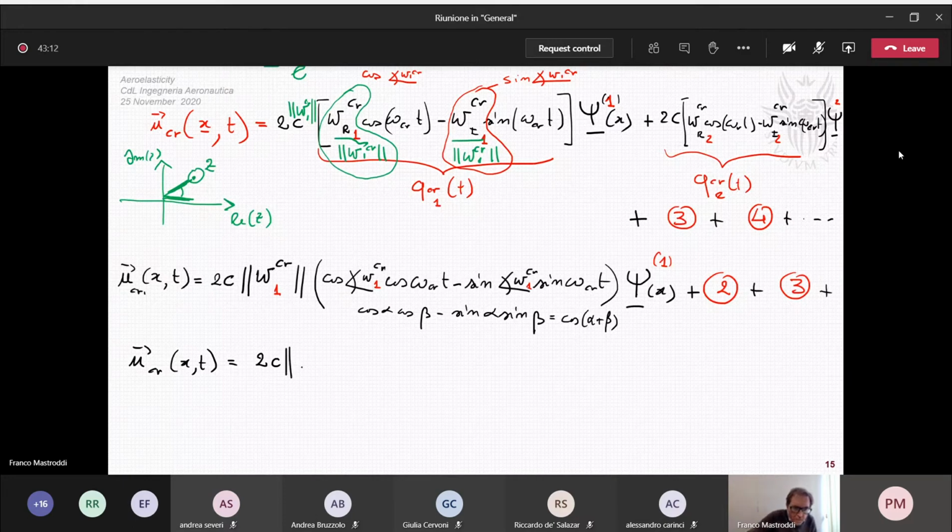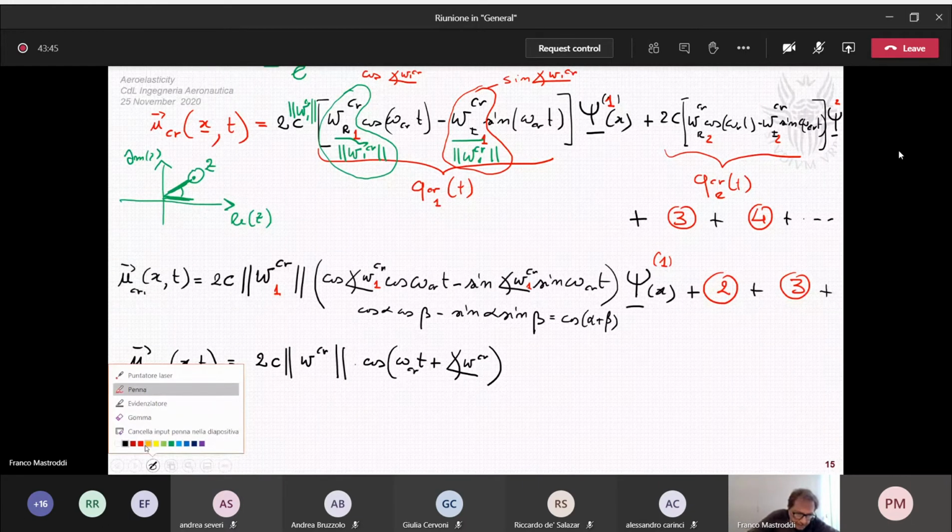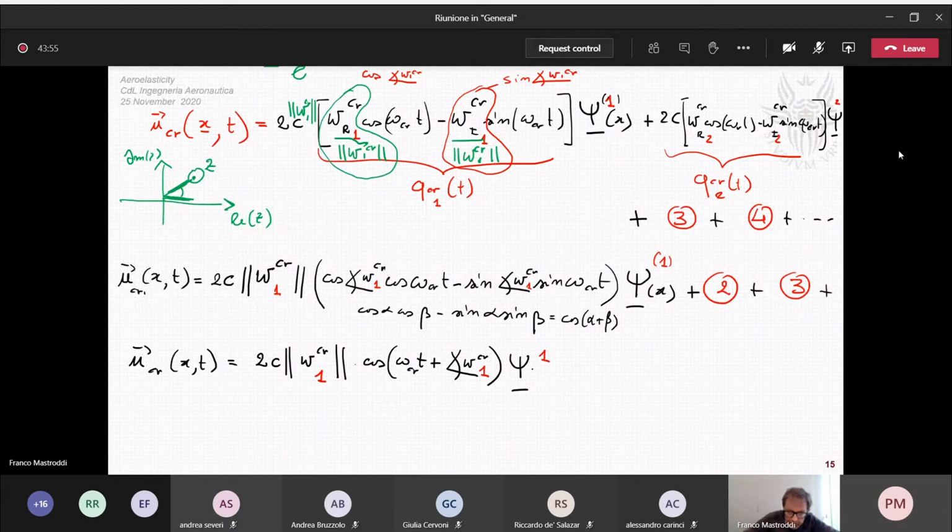This time function is given by taking the first contribution, related to the first component of our complex critical eigenvector, as cosine of omega critical t plus a phase angle, which is the phase of the complex number W critical, first component, multiplied by psi x, the first, plus a similar contribution for the other mode.